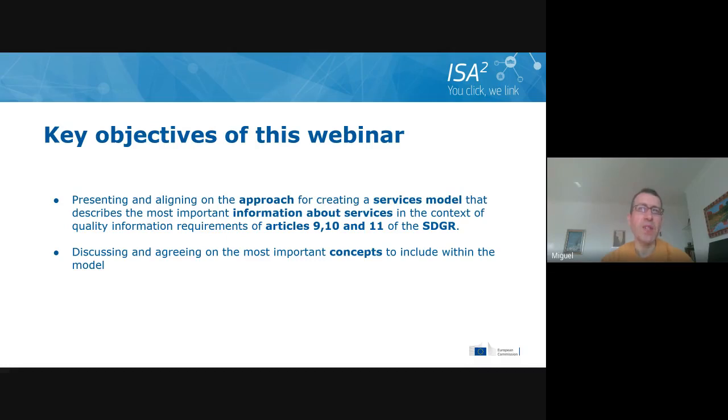But the message is to identify what is really core and could work in a first stage, so as not to overload competent authorities. It's very complicated, we understand, to start working with very structured data models. So the work here today is to define something and to check with you what you consider feasible in the short term.